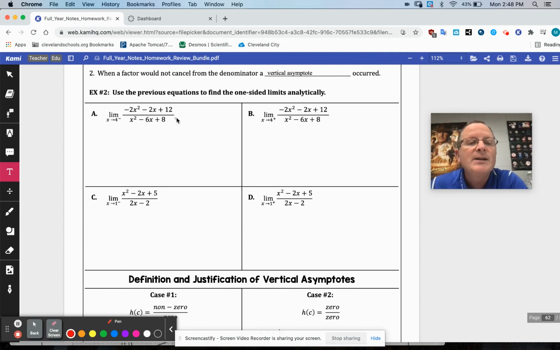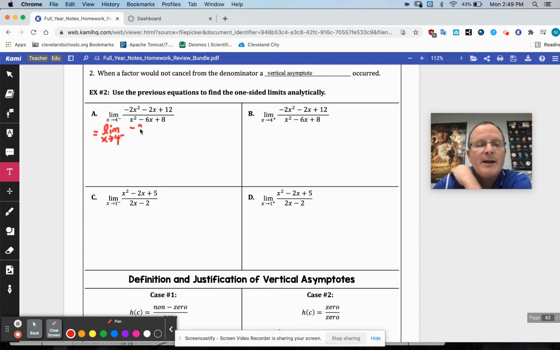All right, so this one would equal the limit as x approaches 4 from the left, and let's see what we can do. I'm going to factor as much as I can in the numerator.